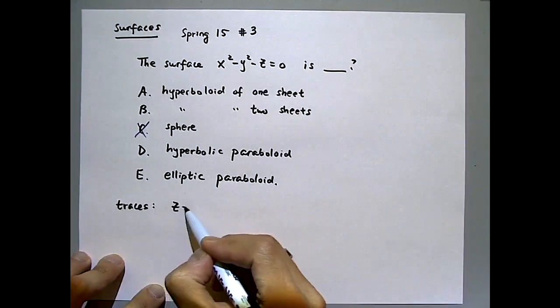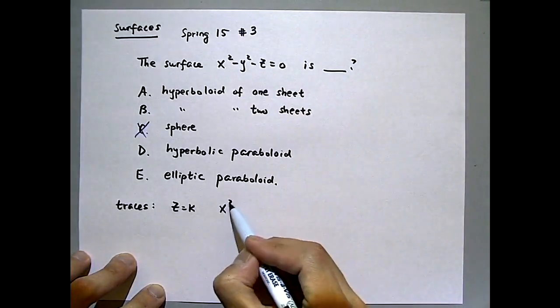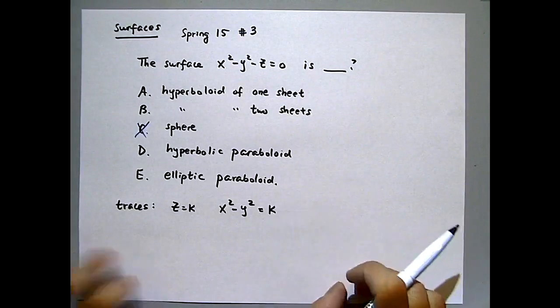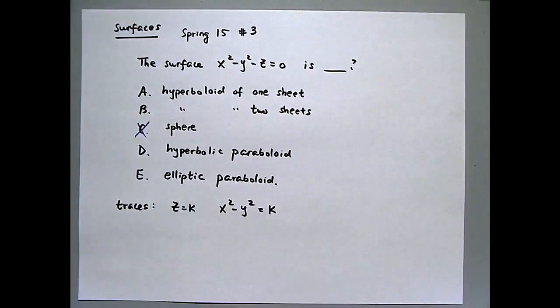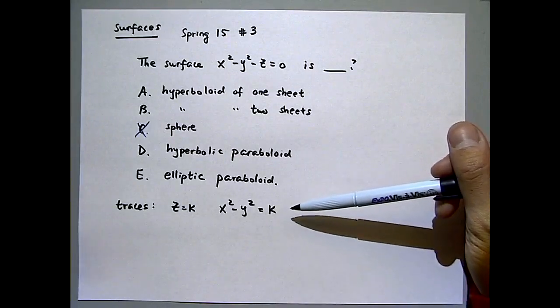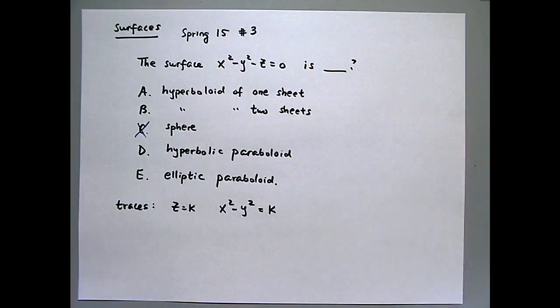Start with z is equal to k, for example. What shape is this? I hear all sorts of shapes. Hyperbola, right?